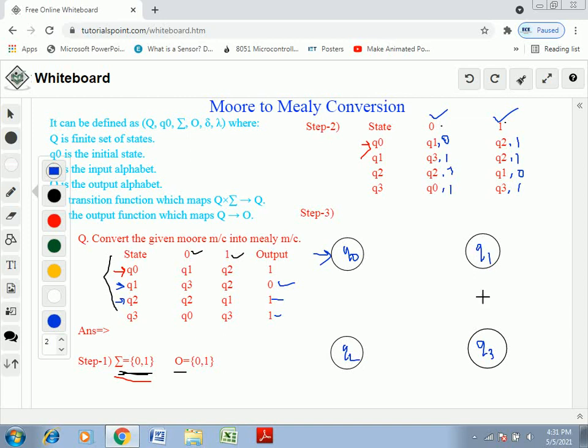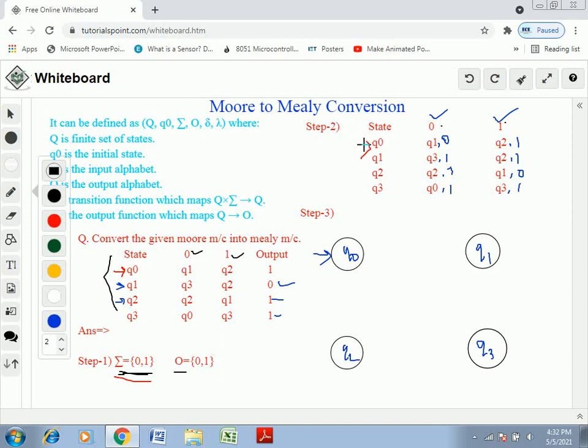I draw 4 circles, and each circle contains a state: the first is Q0, the second is Q1, the third is Q2, and the last one is Q3. This diagram is drawn from the previous step, so we refer to step number 2.